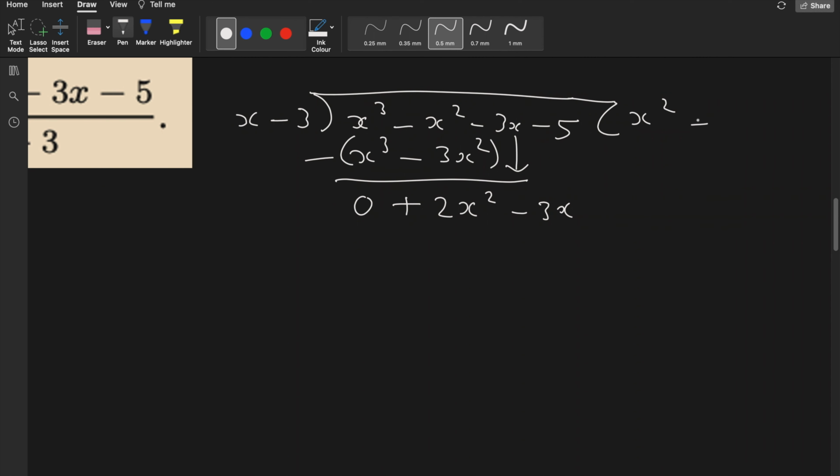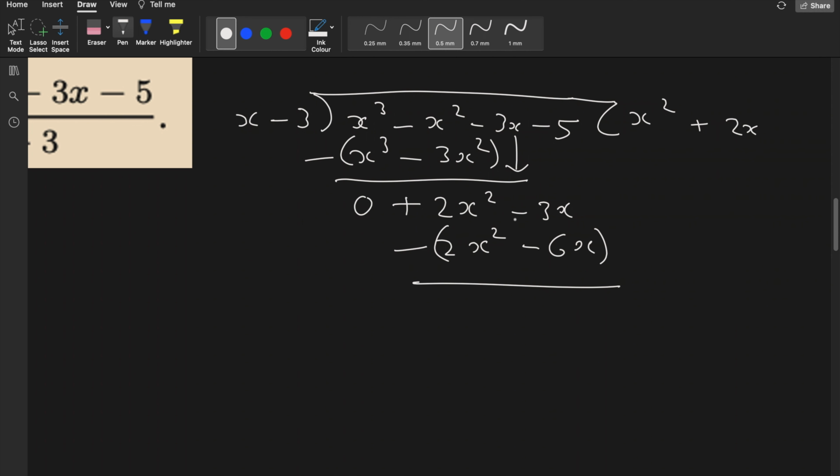When we multiply this term with this term, we get 2x squared. And then 2x into minus 3 would give us minus 6. Let's subtract this.